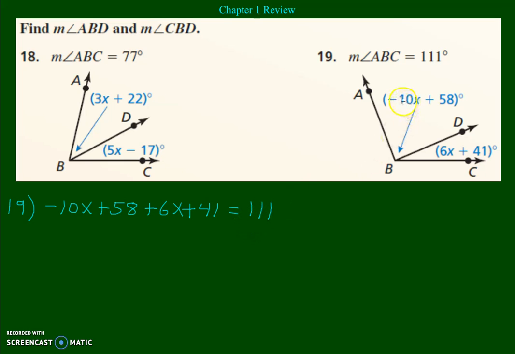Again, this is the angle addition postulate. This angle plus this angle equals the whole angle. Let's go ahead and combine our terms. So negative 10x plus 6x is negative 4x. And 58 plus 41 is 99.